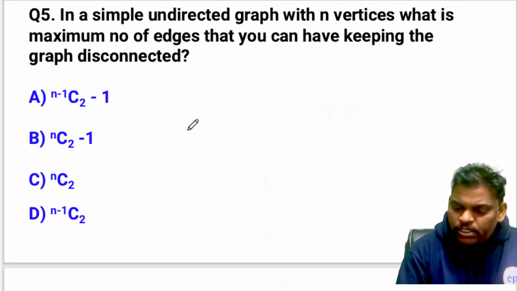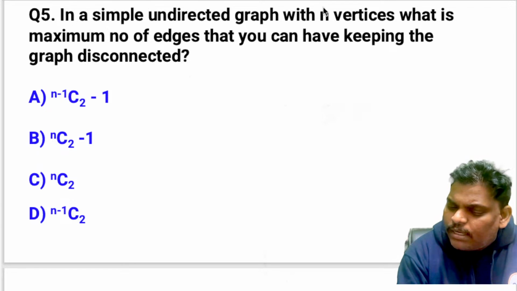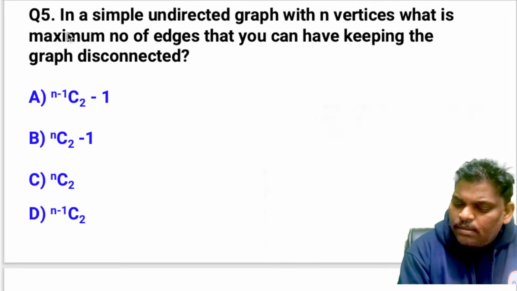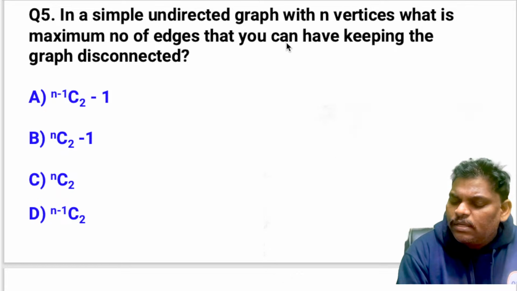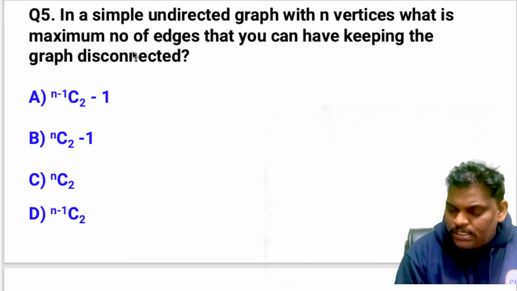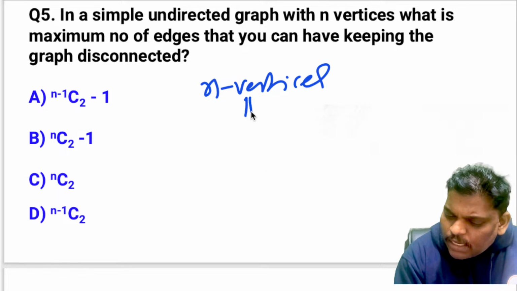Now see the interesting answer. In a simple undirected graph with n vertices, what is the maximum number of edges that you can have keeping the graph disconnected? Now listen, n vertices are there.